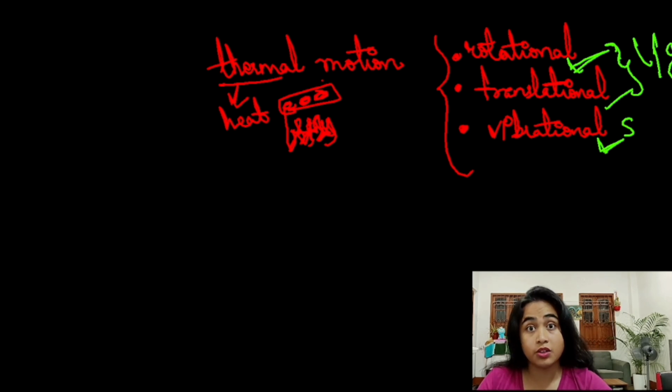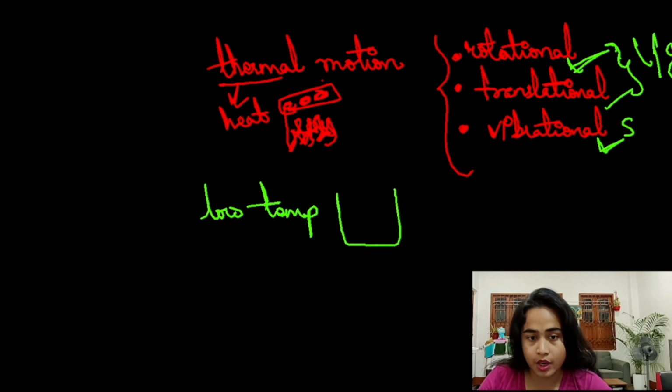Now, because of these thermal motions, this magnetic phenomenon is not easily seen. What we have to do is lower the temperature, so that the atoms show less motion.